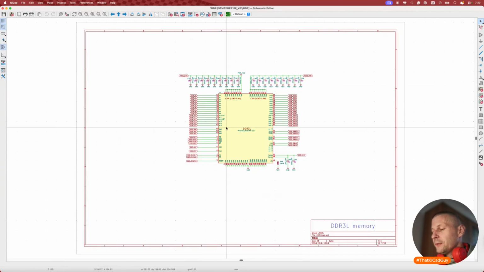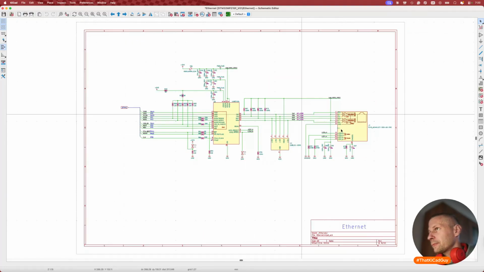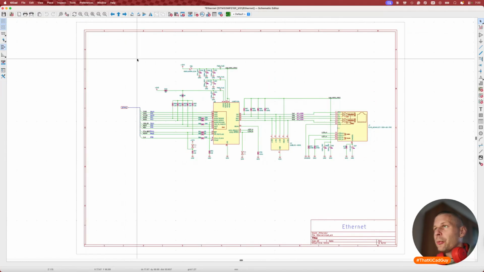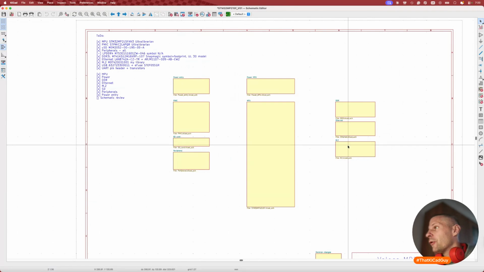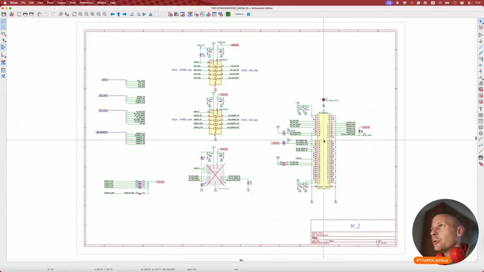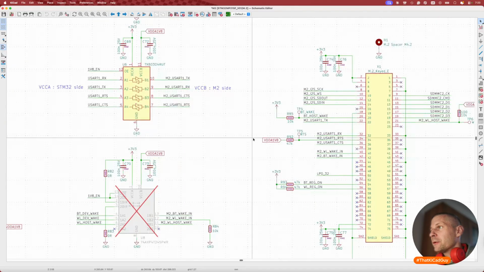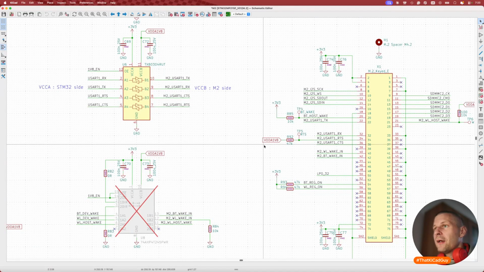DDR is supplied from the PMIC. Ethernet is supplied from the buck converter, 3.3 volt, and M2 is supplied from 3 volt 3, as well as from the PMIC, which is VDDA 1.8.